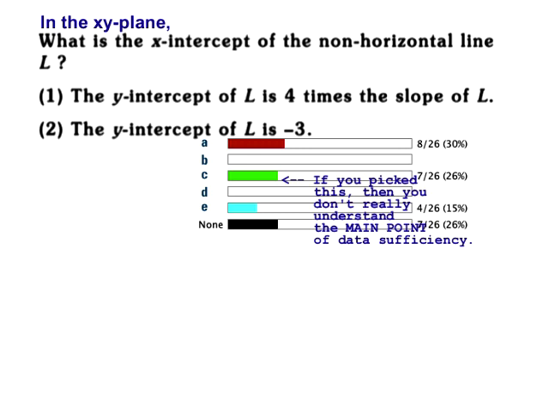But first, let's get rid of this problem for a second and talk about a much simpler one. Here is a very simple data sufficiency problem. What is 2x plus 2y?